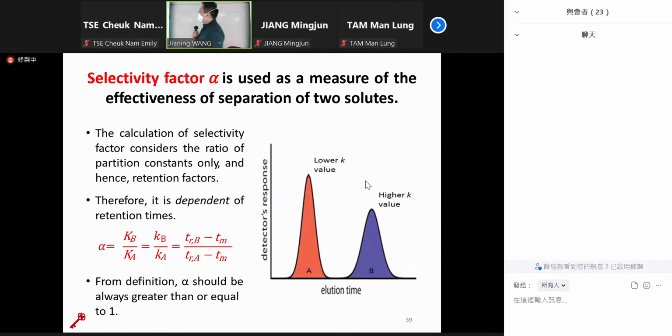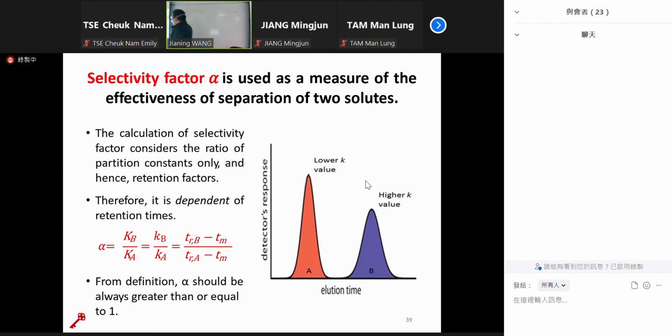And this is another important parameter. It's called the selectivity factor, alpha. This factor is used as a measure of the effectiveness of separation of two solutes. So the K, the retention factor, is just for one solute.